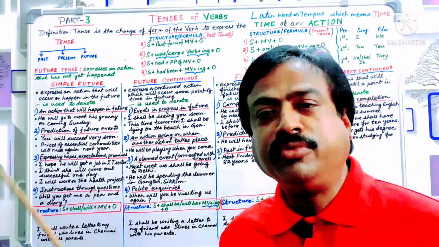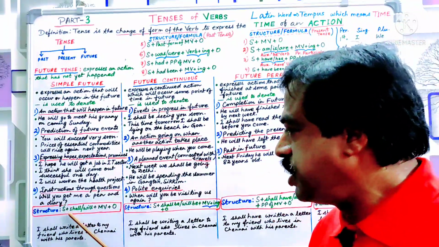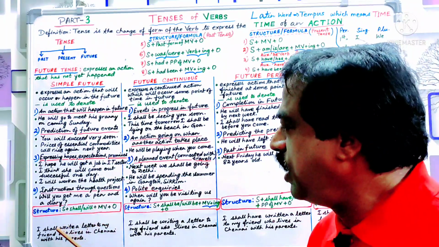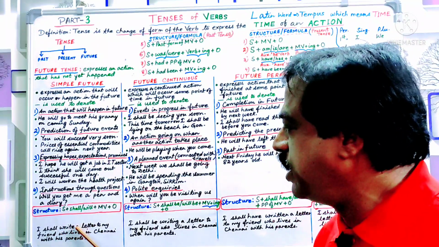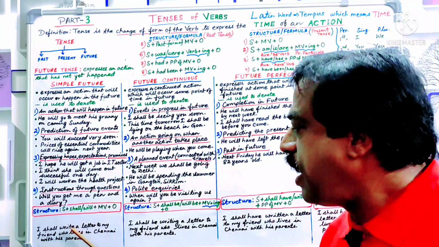You just follow the structure. It is subject, that is I, shall or will is immediately written, and then the main verb. I shall write. You place a full stop here, it becomes a small sentence. Then you carry on: I shall write a letter.